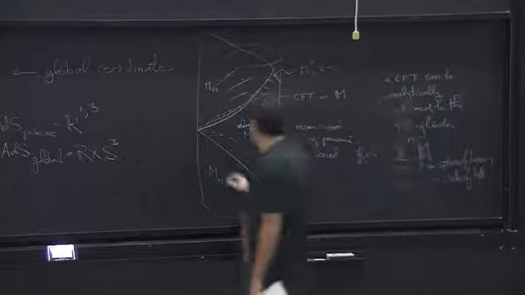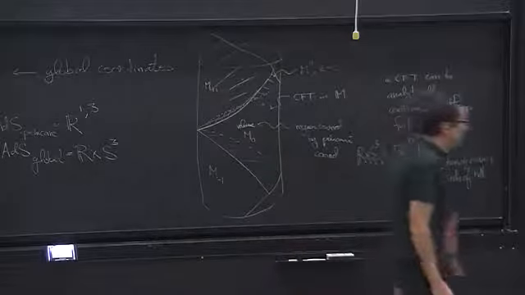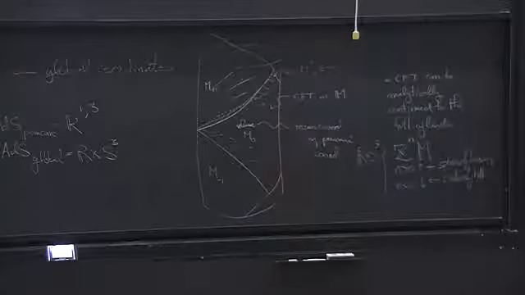Okay. So the idea is that by just following this chain of analytic continuations, which you can do either on the CFT or on the bulk, we actually get the following.